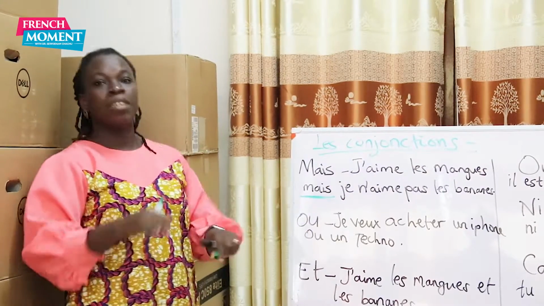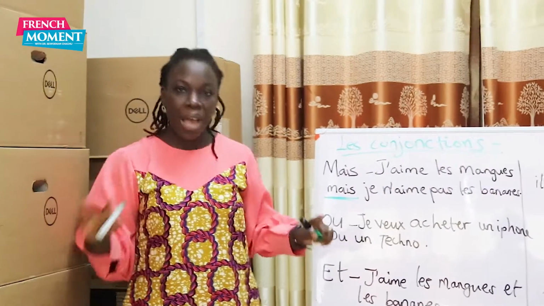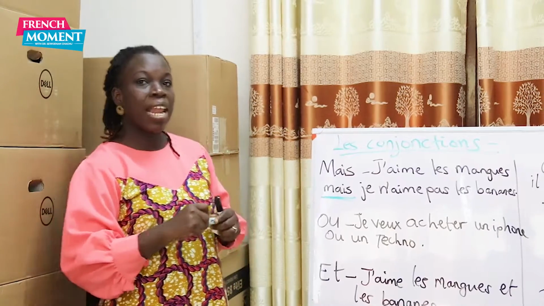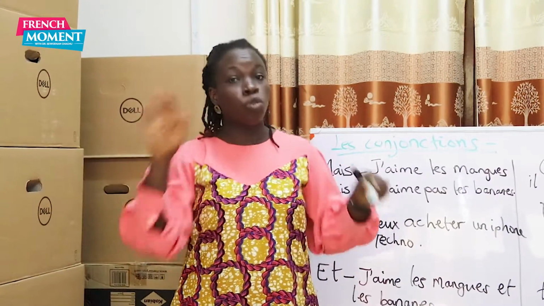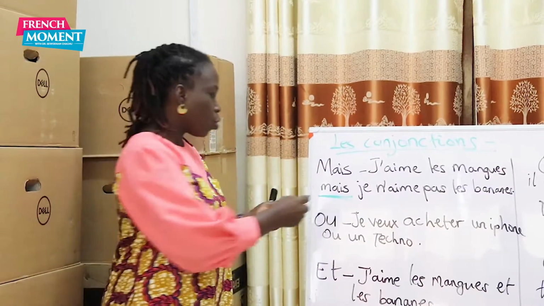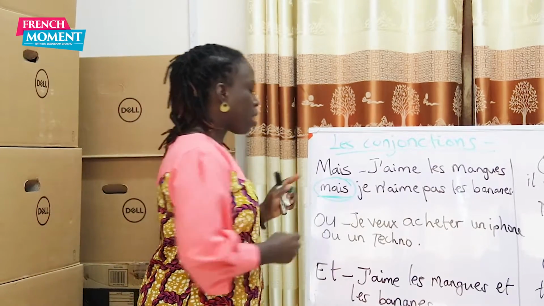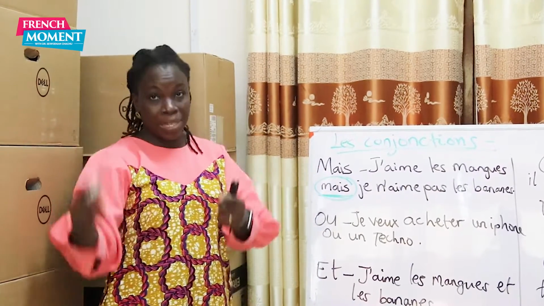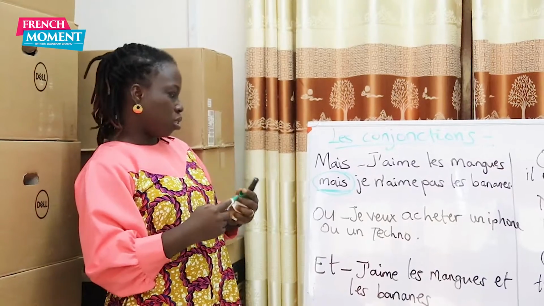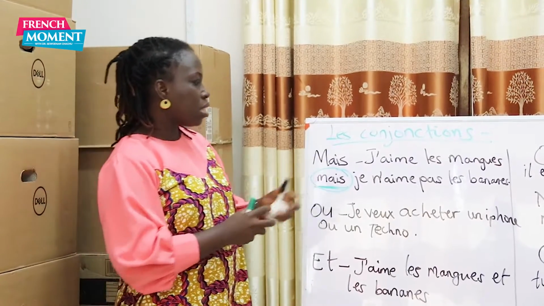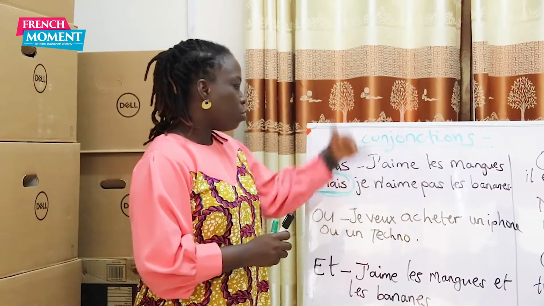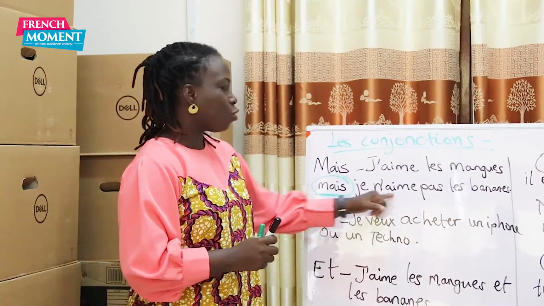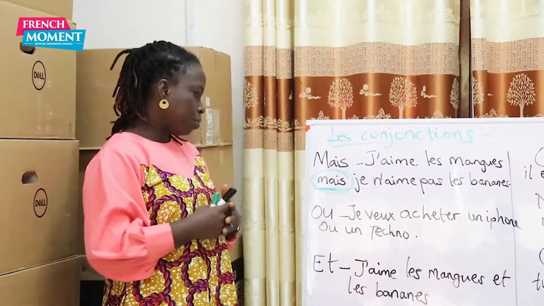So that is where mais comes in. Mais means but, and it expresses opposition. So when you see a sentence, you notice that this is I like, I don't like. So there's that opposition.